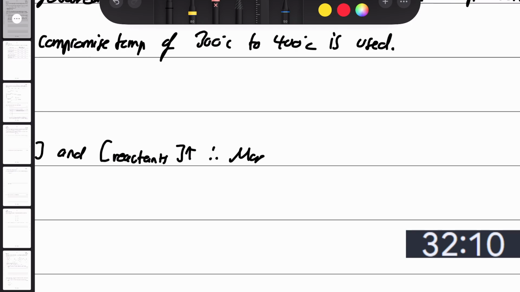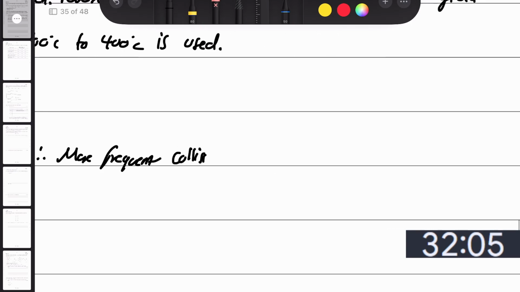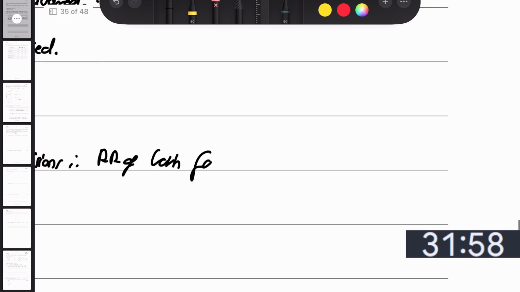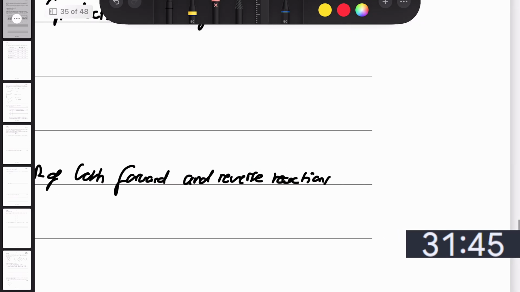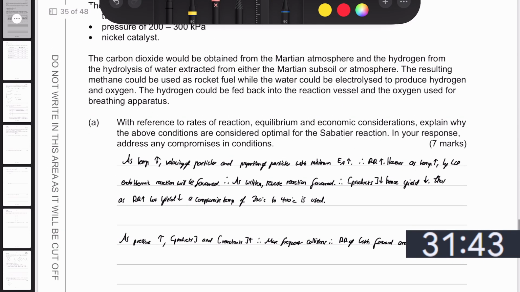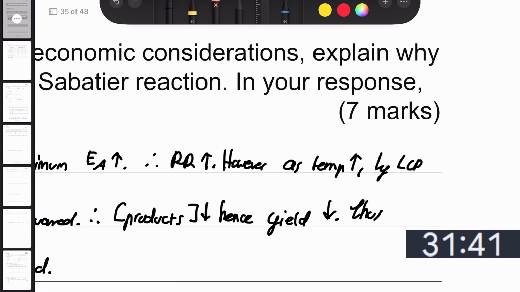Therefore, more frequent collisions. Therefore, rate of both forward and reverse reactions increase.